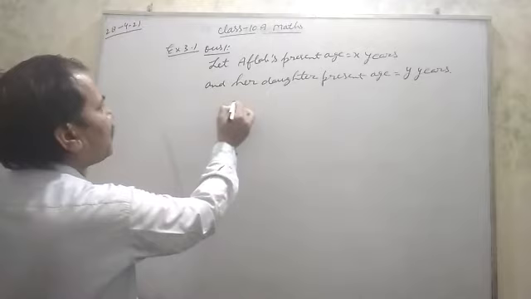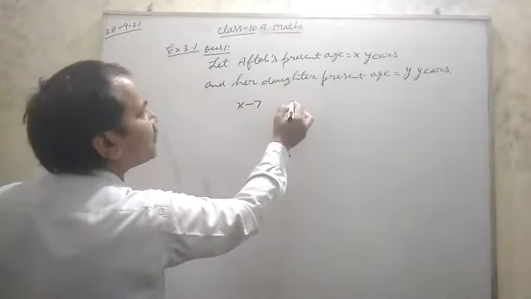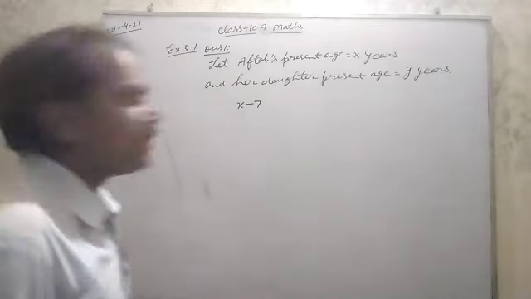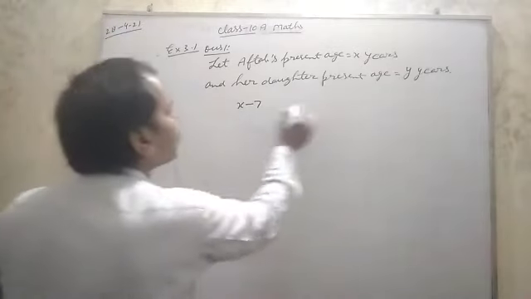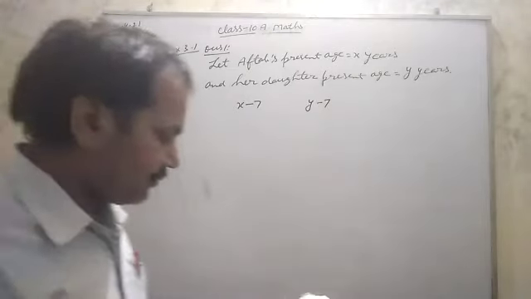So 7 years ago, their ages were x minus 7 and y minus 7. Okay.